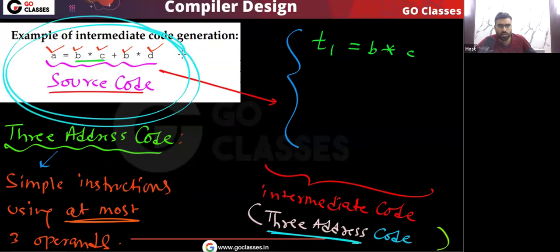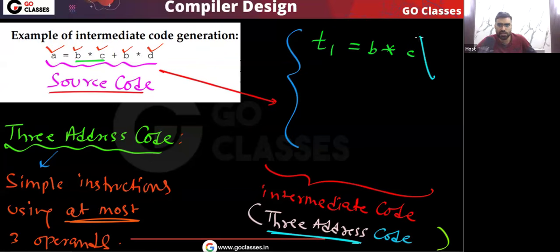So if this is your source code, you can convert this into the 3 address code very easily. You do B into C and you store this in a temporary variable T1. Then you do B into D, you store that into temporary variable T2. Then you do T1 plus T2.